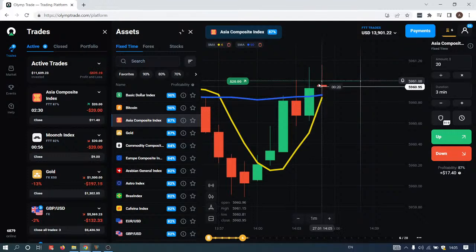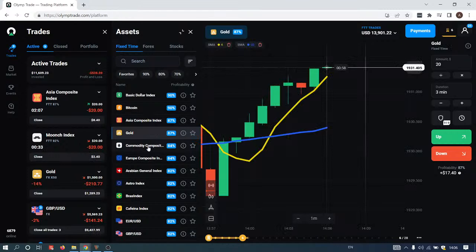Two indicators and a very obvious signal, so you won't have a lot of confusion trying to figure out where the signal is. Two simple moving averages cross, and that is pretty much the signal. All right, let's move on.